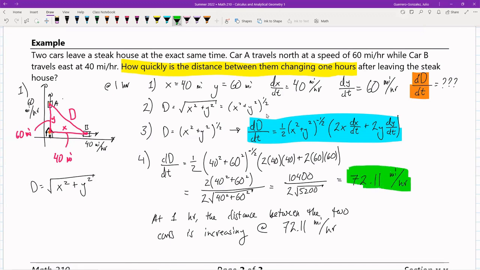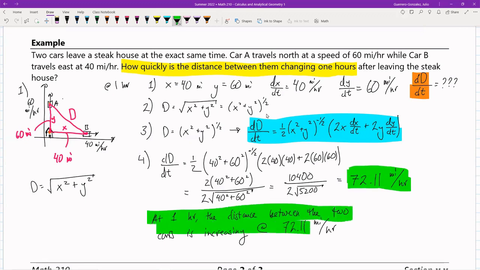Here's our final answer there. And to summarize, it's all of this thing right here. Okay, so at exactly 1 hour, when they're 60 miles north and 40 miles west or east, the distance between the two cars is increasing at a rate of 72.11 miles per hour. That's how fast big D is increasing between the two cars.